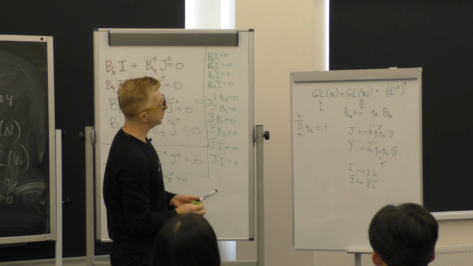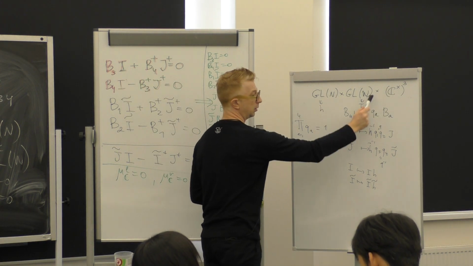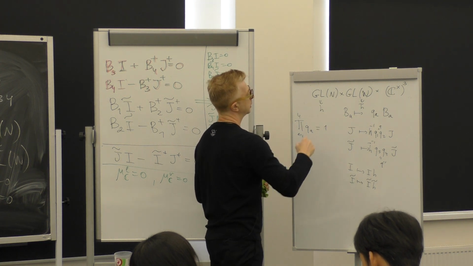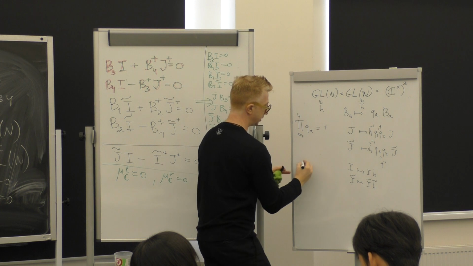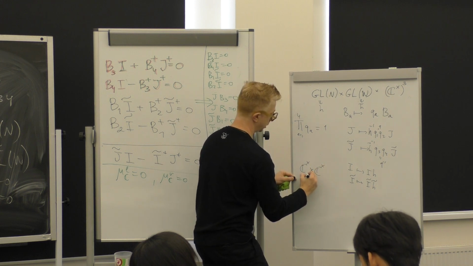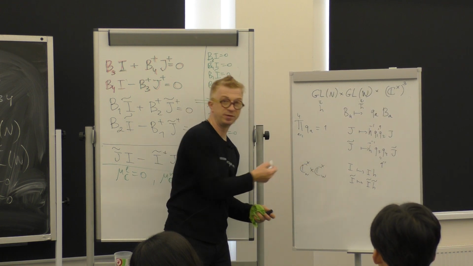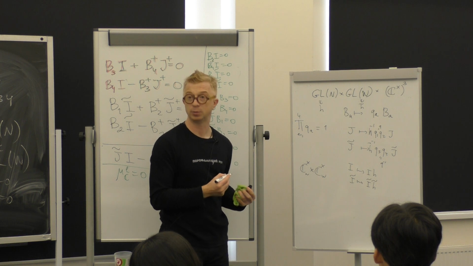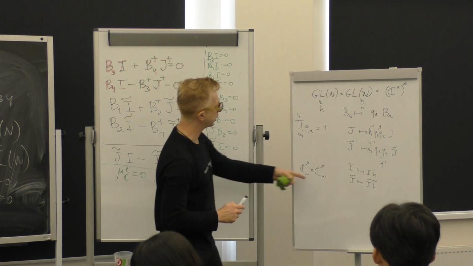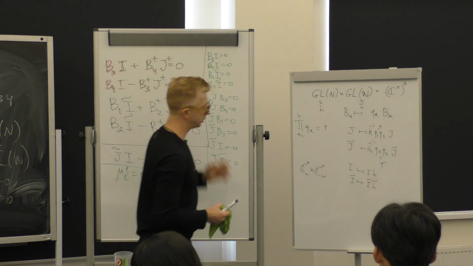And now you see that the center of that group is C star cross C star, C star N, C star W. The diagonal subgroup of that center acts trivially on my moduli space because that's the part which is actually killed by the UK transformations.